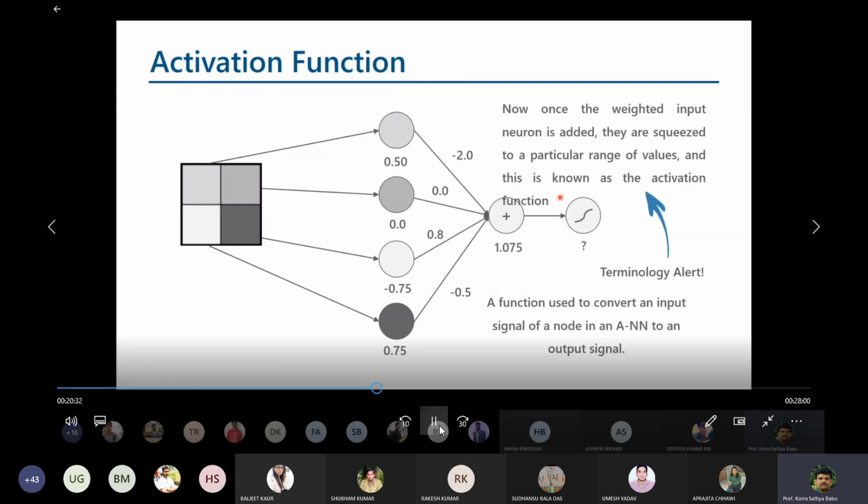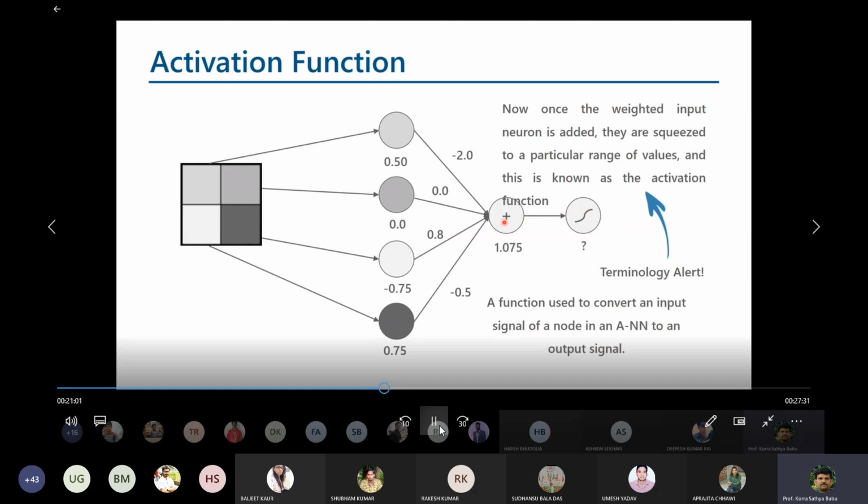Now, we use some activation function to limit or bound the values of the output of a neuron. Once the weighted inputs are added, they are squeezed to a particular range of values, and that is known as the activation function. So what is an activation function? A function used to convert an input signal of a node in an artificial neural network to an output signal.